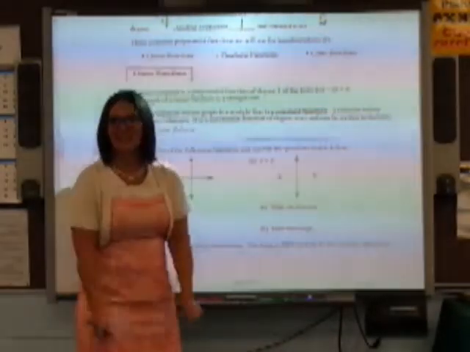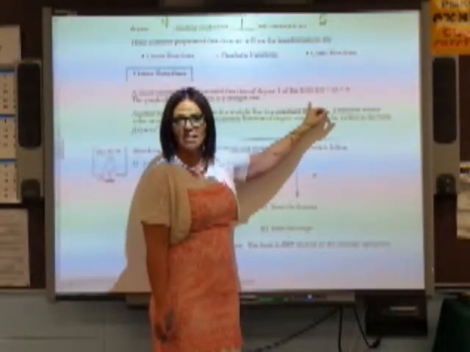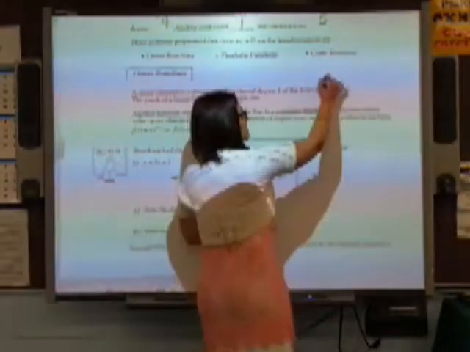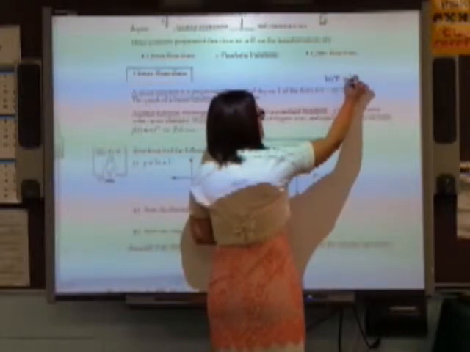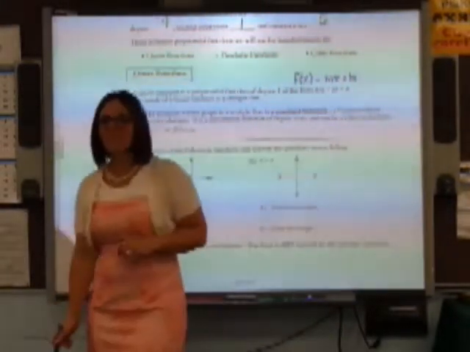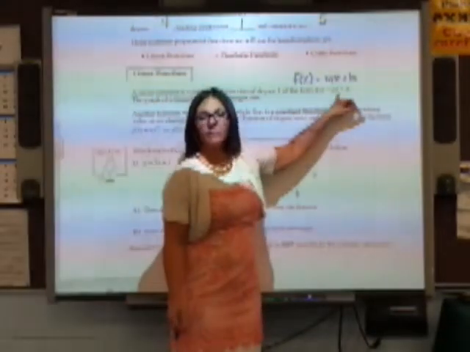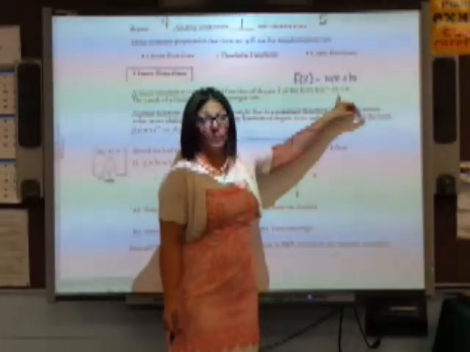In grade 10, what was the form? What did we say it was in grade 10? You remember the mx plus b form? What was m? Slope. So what's a going to be? Still going to be slope. Okay?